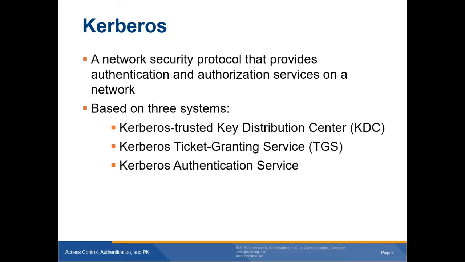Kerberos is a network security protocol that provides authentication and authorization services. We're going to look at the 3 different types of systems: KDC, TGS, and authentication. Communication on an unsecured network allows attackers to listen in on the network to steal your credentials.